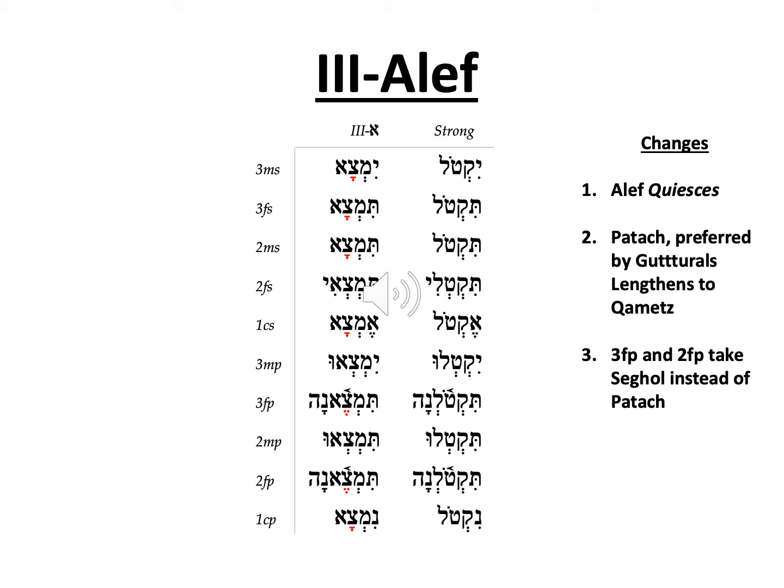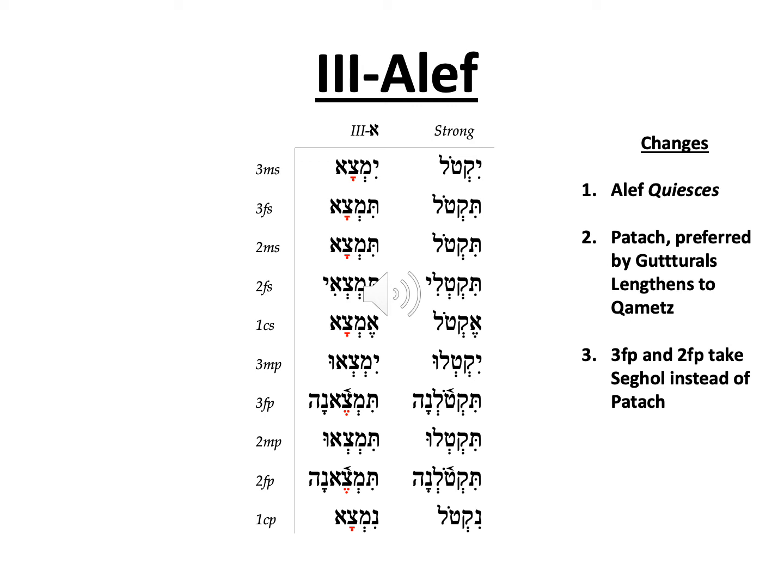Sometimes the third root letter will be an aleph, in which case the word will function similarly to a verb that has a guttural as the third root letter, except that aleph typically quiesces. We would expect a hierik under the preformative and a patak under the second letter of the root, as is the case in most gutturals.